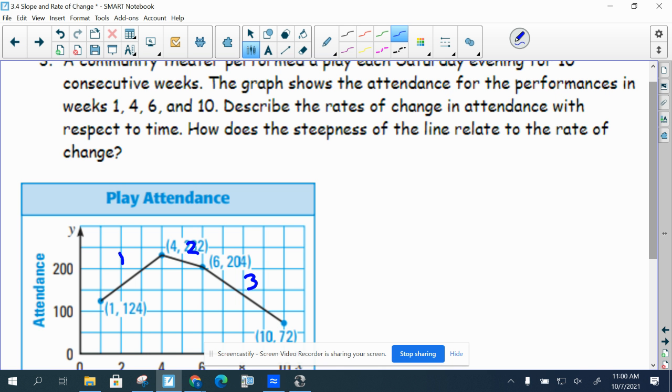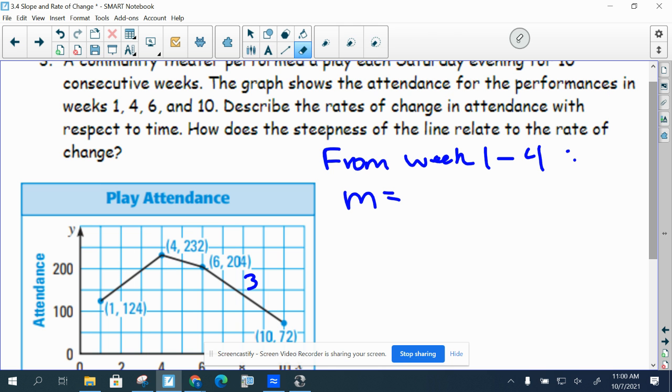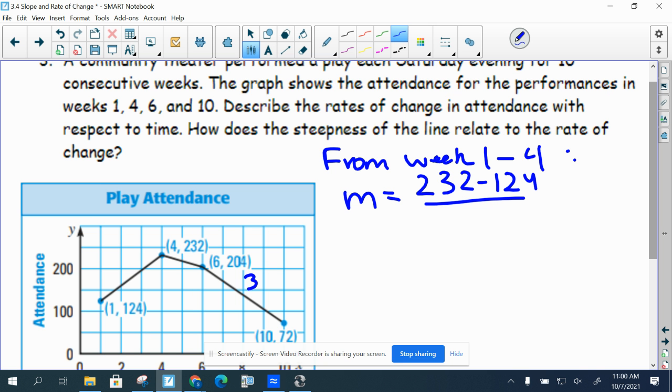So let's do weeks 1 through 4. Let's find the slopes for those. So y2 minus y1: 232 minus 124 over 4 minus 1.